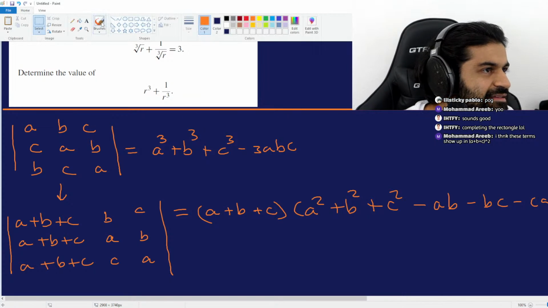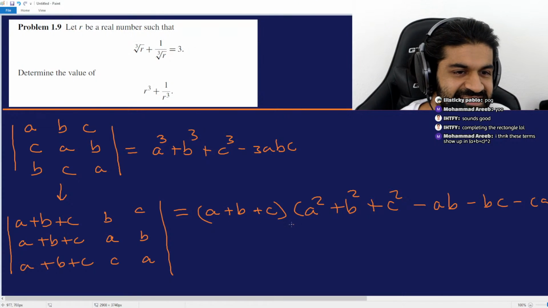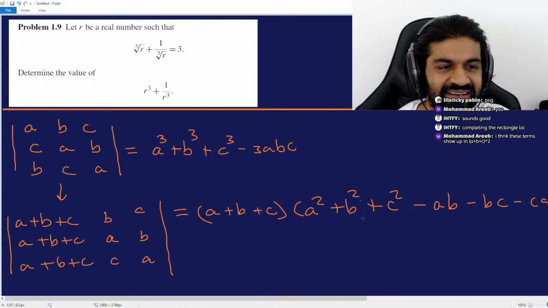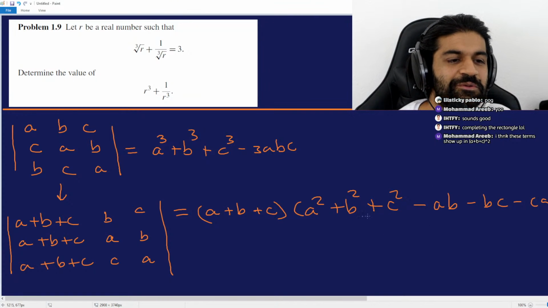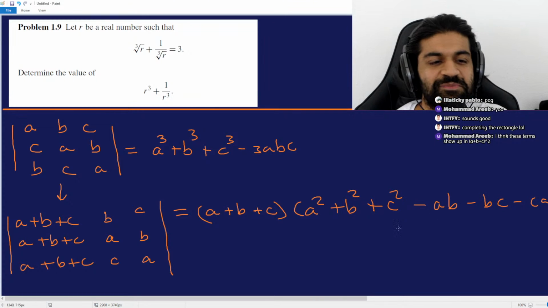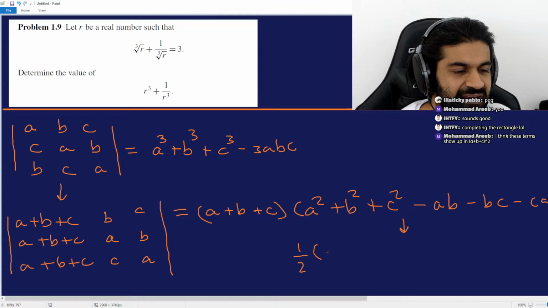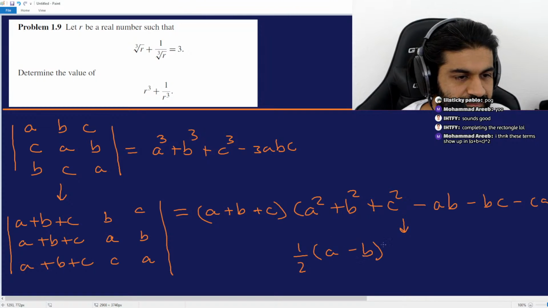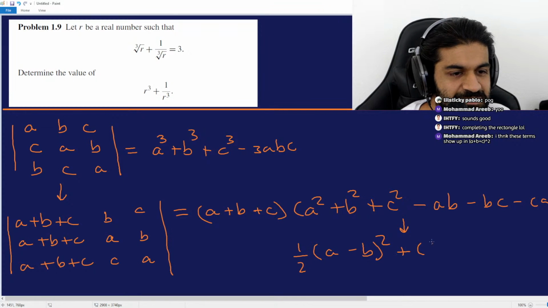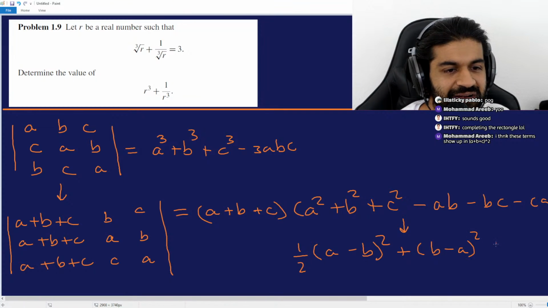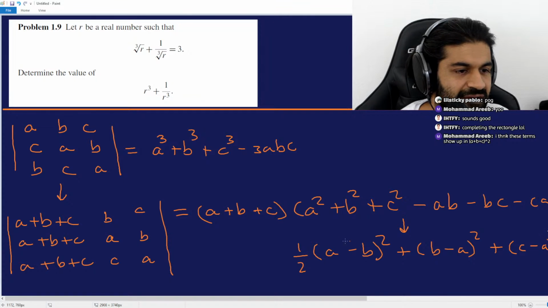So let's see. You have this, right? You can actually rewrite this in a more pleasant way, because a squared plus b squared plus c squared minus ab minus bc minus ca, you can just think of as 1/2 times a minus b squared plus b minus c squared plus c minus a squared.